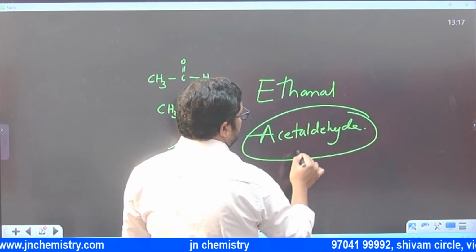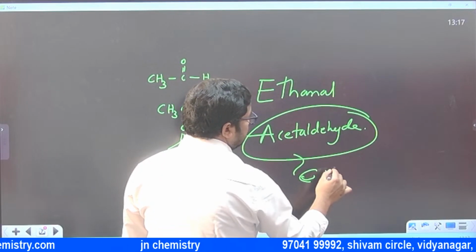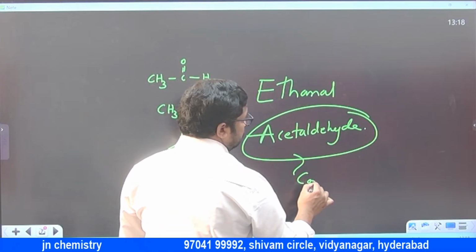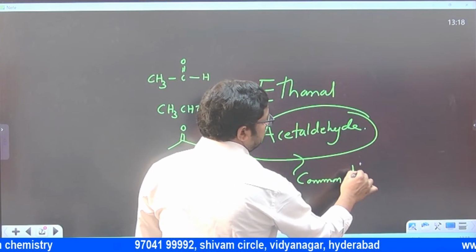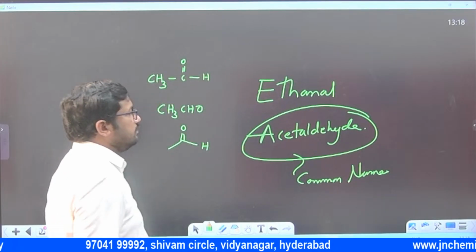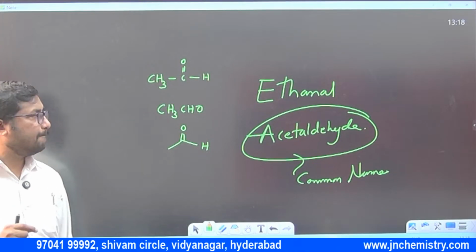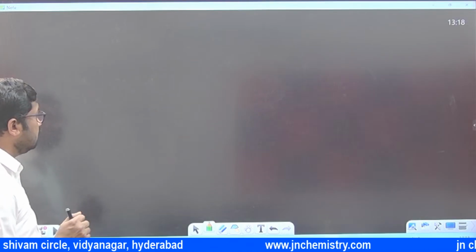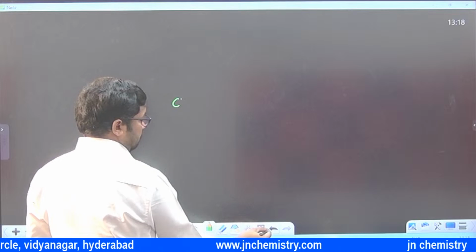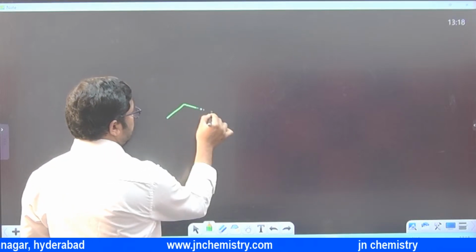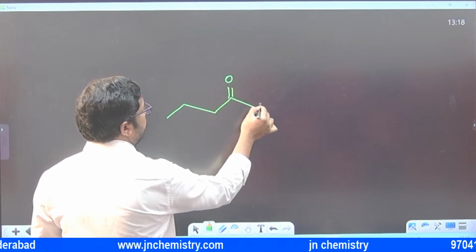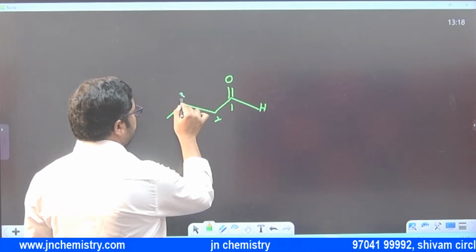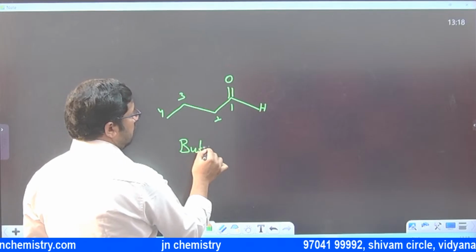Some common names are also important. Acetaldehyde, ethanal. So in this case, 1, 2, 3, 4, we could say butanal.